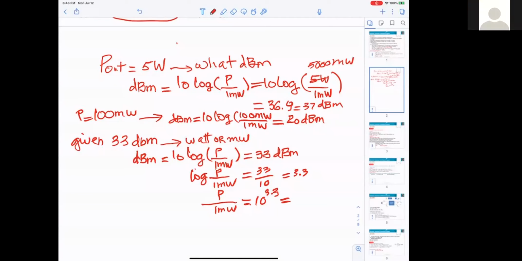Two watts. What you get? About 2000 milliwatts. I get that will be equal 1.99. Correct or not? 10 to the power of 3.3.